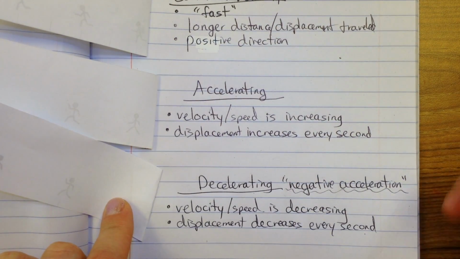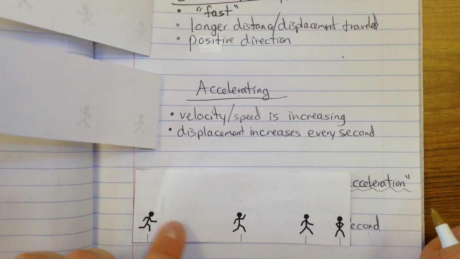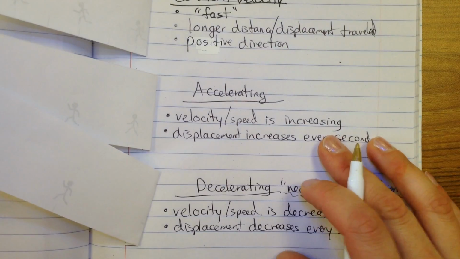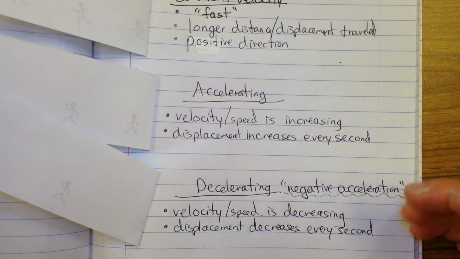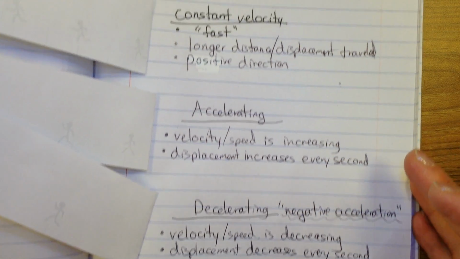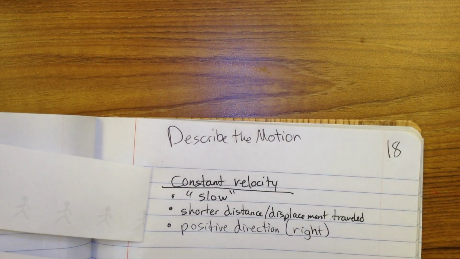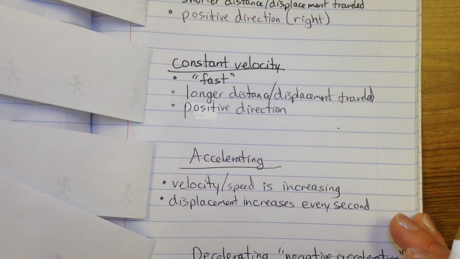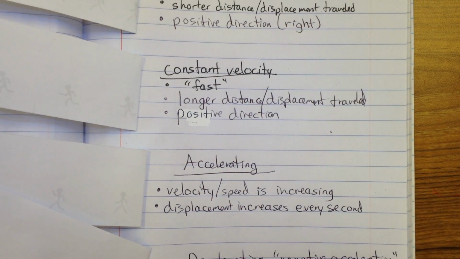You can even put down negative accelerating if you'd like. Another option would be at rest. So, does that make sense? When I ask you to describe the motion, these are the descriptions I'm looking for. Fair enough? Okay.